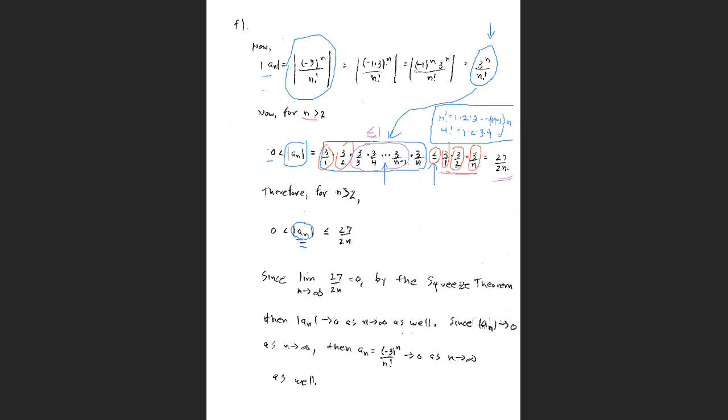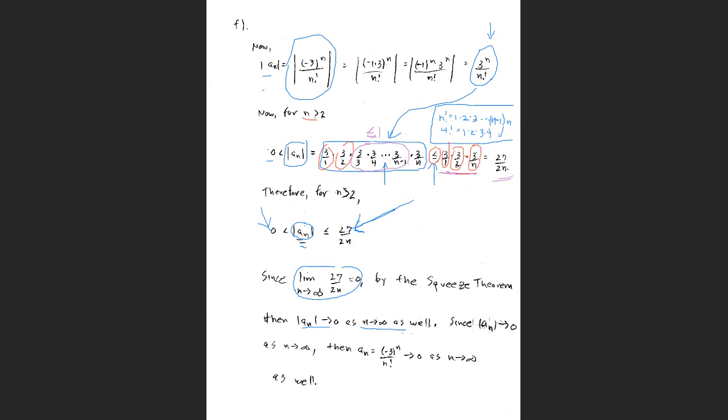But as n goes to infinity, the limit of 27 over 2n on the right side is going to equal 0. And so by the squeeze theorem, the absolute value of the sequence has to approach 0 as n approaches infinity as well. Because the sequence is bounded below by 0, right here, and it's bounded above by this 27 over 2n.